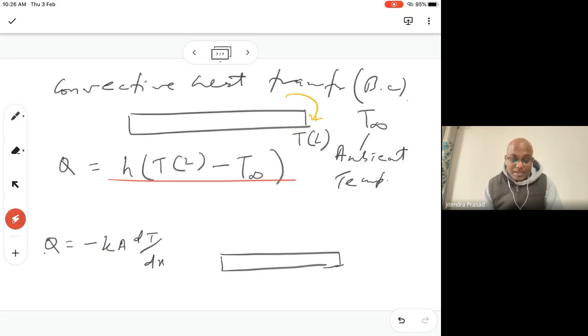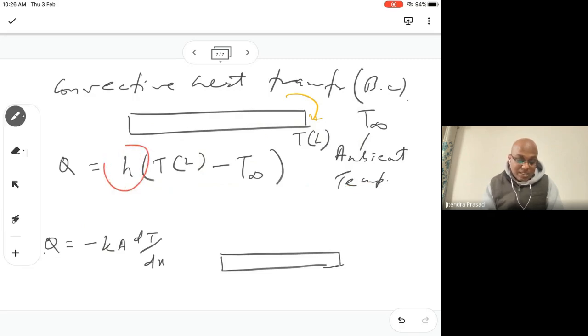This is what is called the convective heat transfer boundary condition. What we have is T at x equal to L minus T infinity, which is the ambient temperature, multiplied by h. h is called the convective heat transfer coefficient.